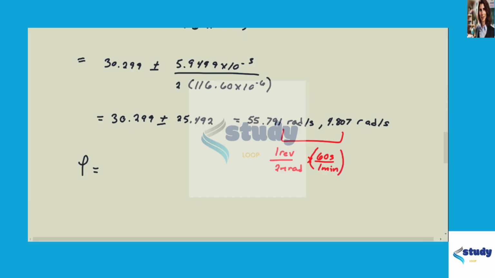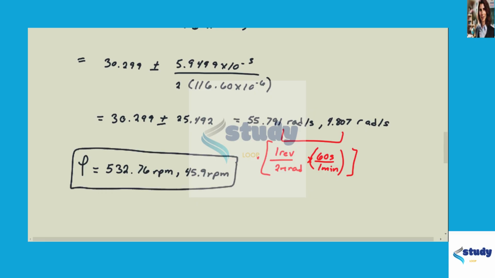And when we do that, we get 532.76 RPM and 45.9 RPM. And that is the answer, guys. Thank you so much.